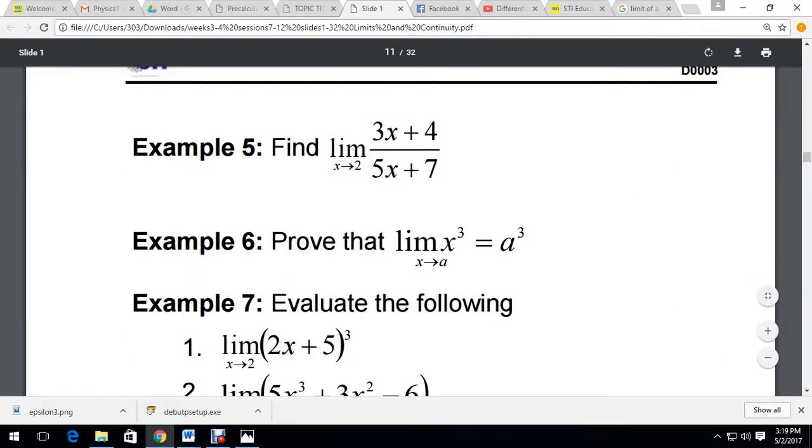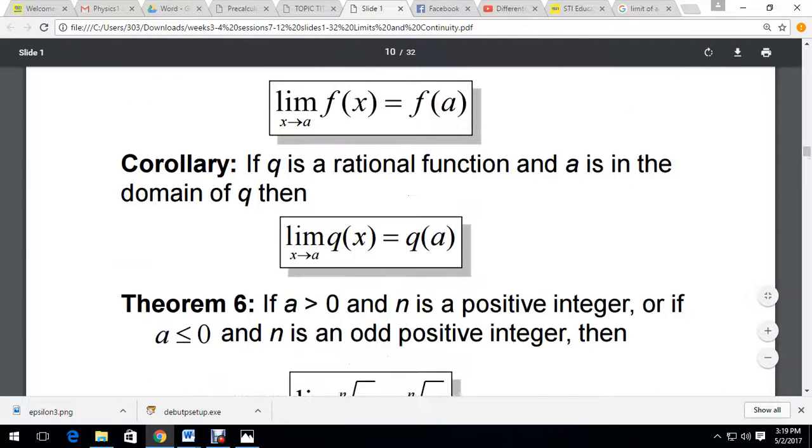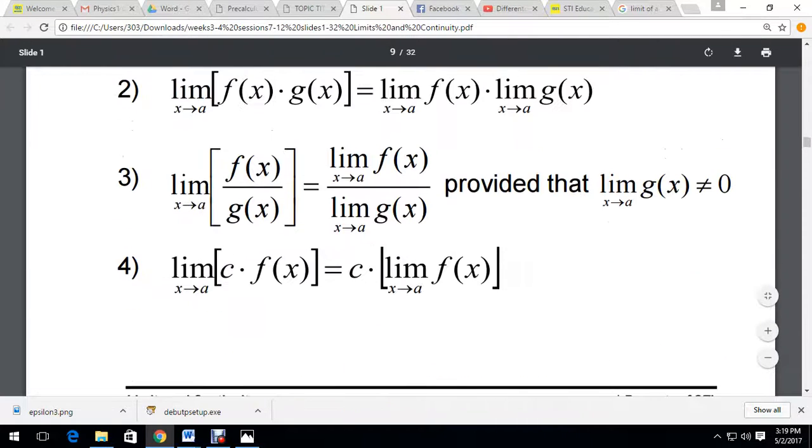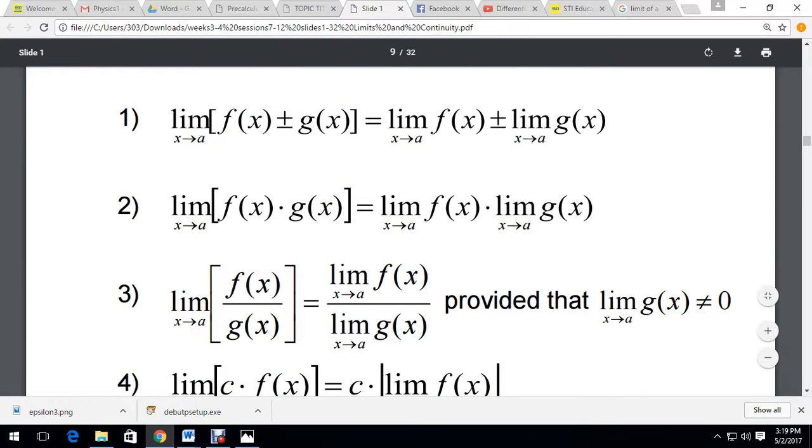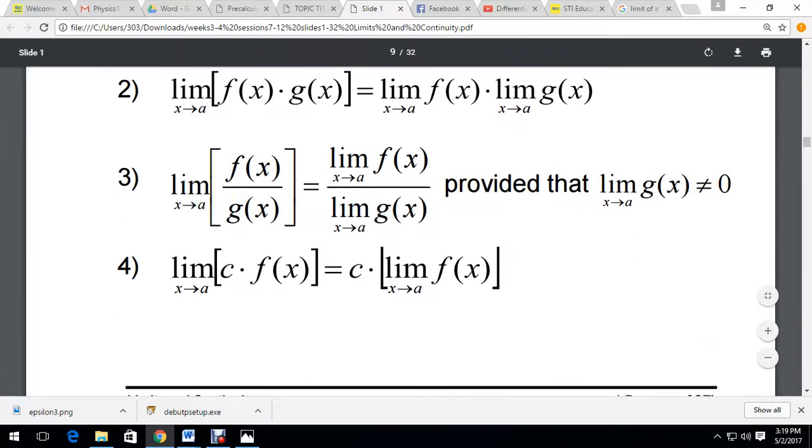Now let's try to answer the following examples. Now you have the limit of 3x plus 4 over 5x plus 7. Take note that since you have a quotient for the form of the function, what we noted from the previous theorems is that if you have a quotient, it should be provided that the limit of g of x is not equal to 0.